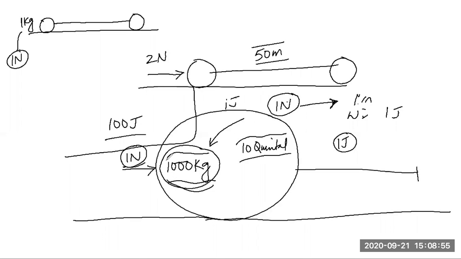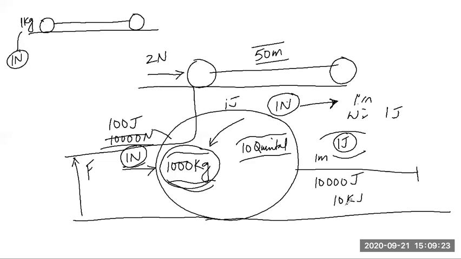So it will not be able to do even 1 joule of work. So now if you want work to be done, you need a bigger force, maybe 1000 Newton, maybe 10,000 Newton, I don't know. So when 10,000 Newton, let's say, force is being applied on this, and this moves by 1 meter, I will say my work done is 10,000 joule, or I can say 10 kilojoule.